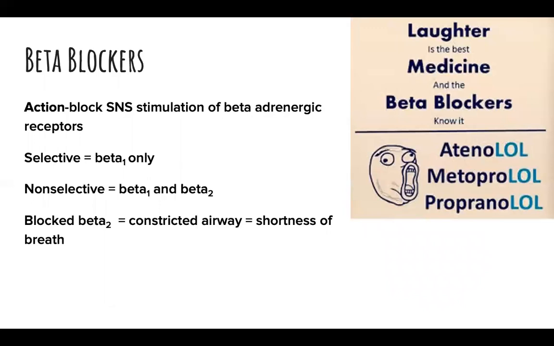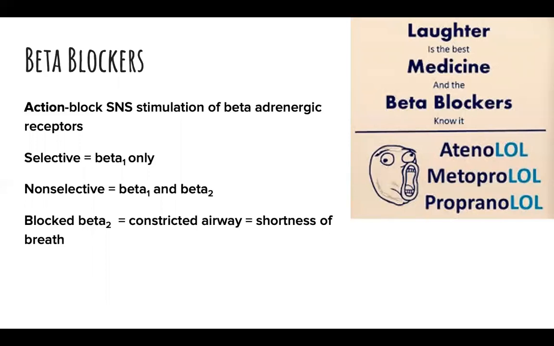So these beta blockers are going to do the opposite. So we're going to have a negative inotropic effect, which is decreasing the contraction of the heart muscle, negative chronotropic effect, which is decreasing the heart rate, and a negative dromotropic effect, which is decreasing the electrical activity.